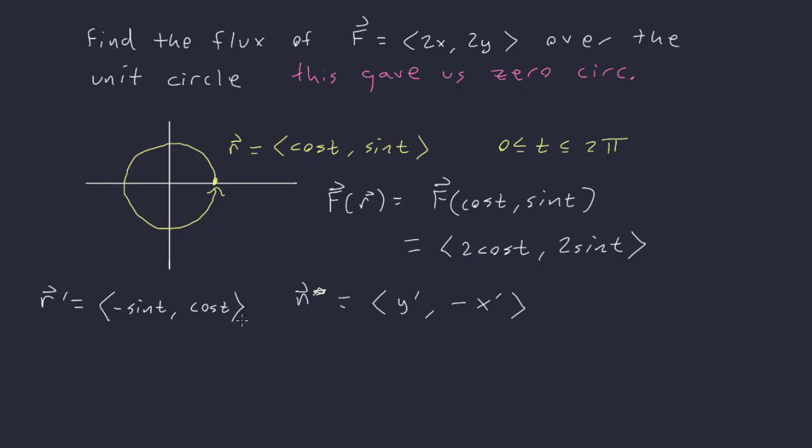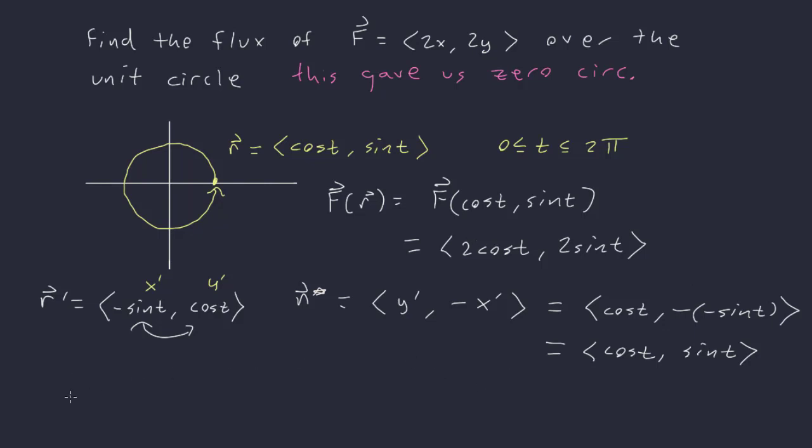But then when we flip it around to get our n star, we're going to take our y prime. So here's y prime, here's x prime. Our y prime is cosine t, and our negative x prime will be negative a negative sine t. And yes, I'm writing that like that to specifically show that I'm negating the x, or the x prime, I should say.